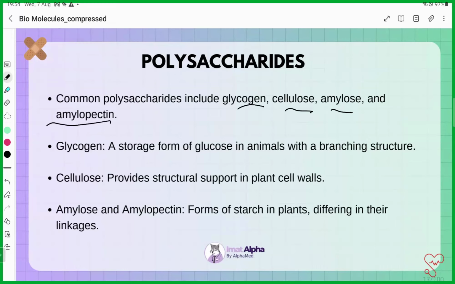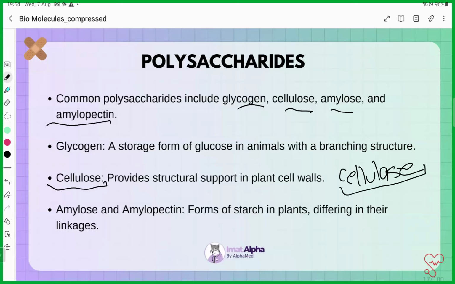Glycogen, a storage form of glucose in animals with a branching structure. So it's a very complex structure, just having repetitive glucose molecules together, bonded with glycosidic bonds. Cellulose provides structural support in plant cell walls, and cellulose needs only the enzyme cellulase to be digested. So that's why cows, which have the cellulase enzyme, digest it more easily than humans.